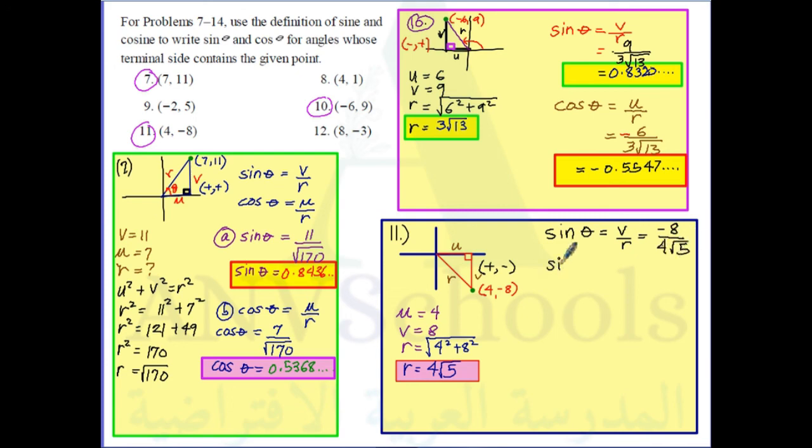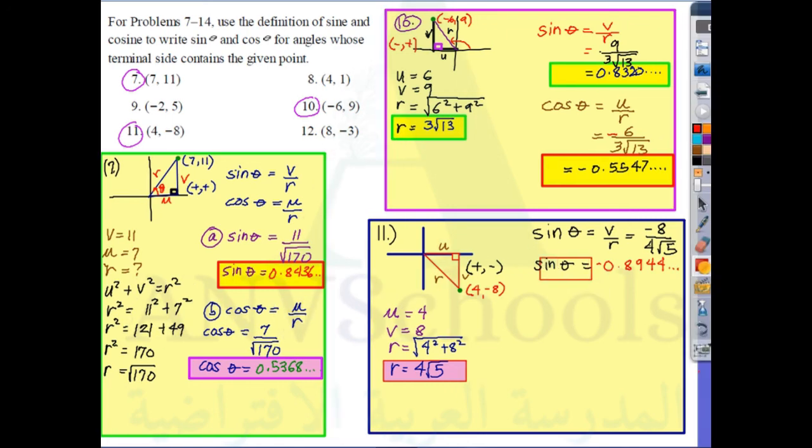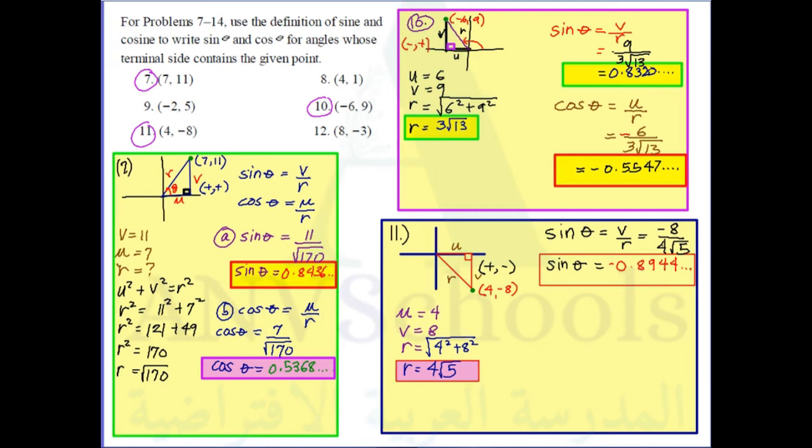So our sine theta is equal to negative 8 divided by 4 square root of 5. So that's equal to negative 0.8944. Okay? So this would be the sine theta.